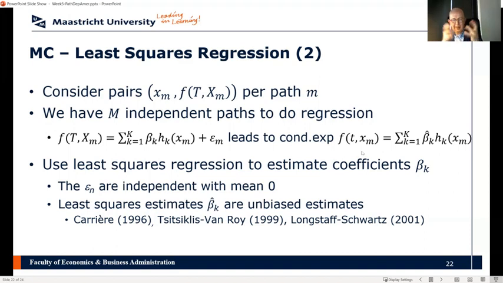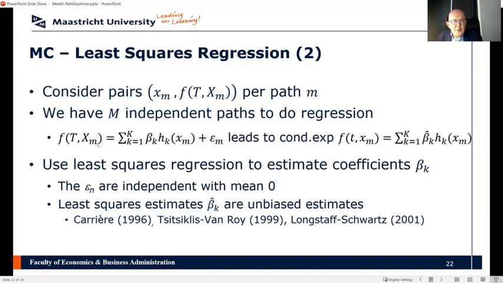So the conditional expectation is literally the least squares, or minimum variance, approximation of the payoff at a later stage in the future. Of course, I can't reach the future, but with Monte Carlo I can take a sneak preview of what's going to happen, and then I'm not allowed to use that future information.